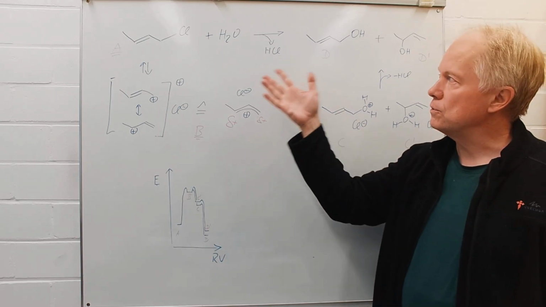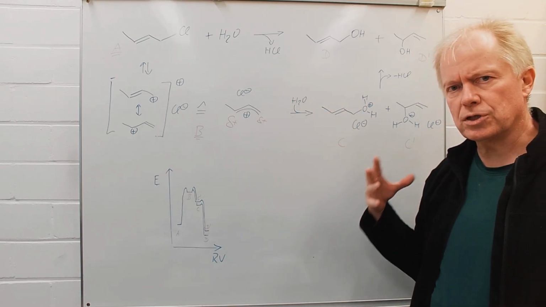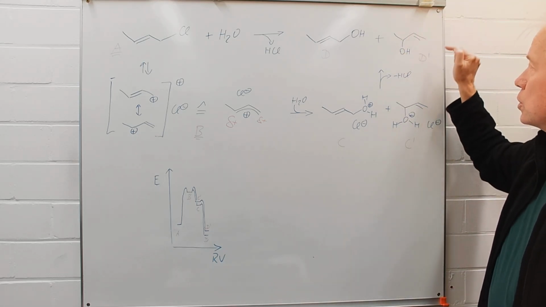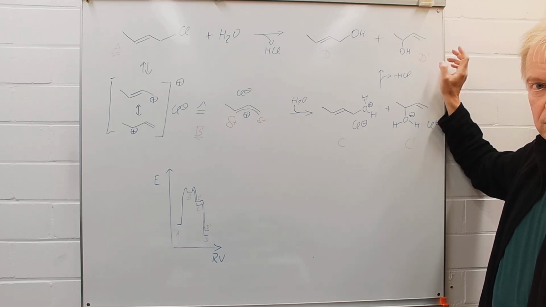So, if we run this reaction for a rather short time, then we will predominantly get D prime as the product, the kinetically favored one.